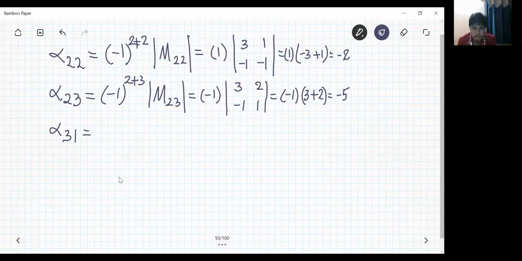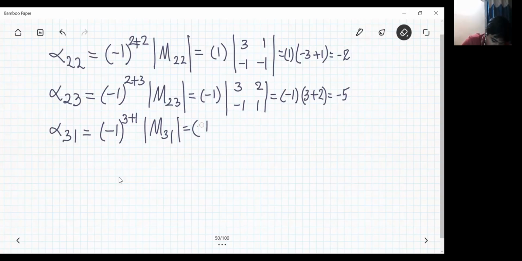Correct. So it is minus 1 to the power of 3 plus 1, M31. So this will give minus 1, rather plus 1, because 3 plus 1 is an even number. So it is plus 1.